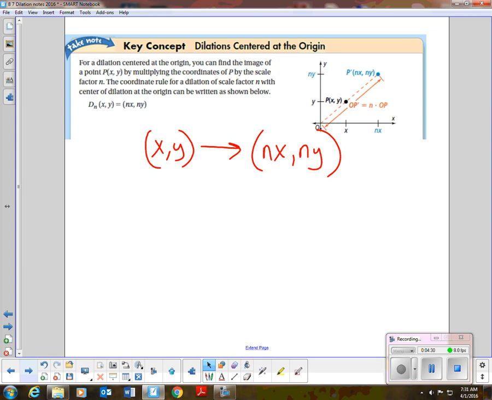This book uses n, other books have used k. So you just multiply each coordinate, whether it be a fraction or a whole number, and that'll get you the new point, as long as it is at the origin. That's the key there. If it's not the origin, there's a whole entire process to that, and we'll be going through that.